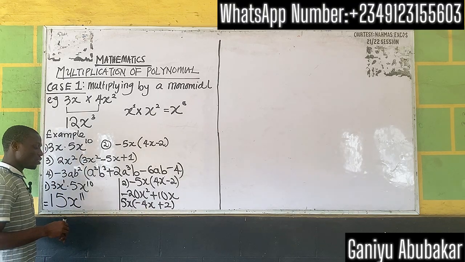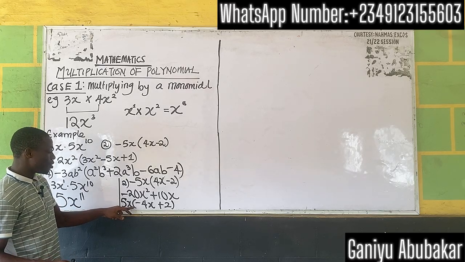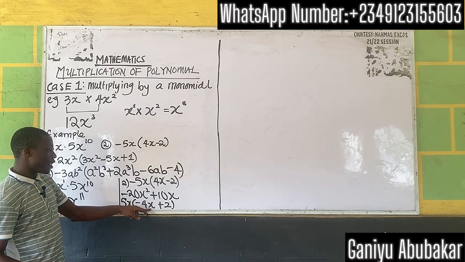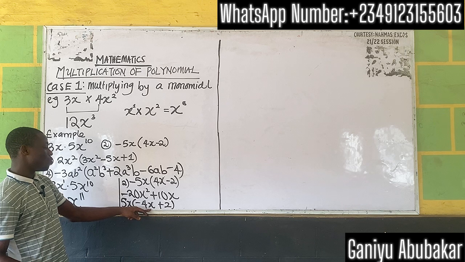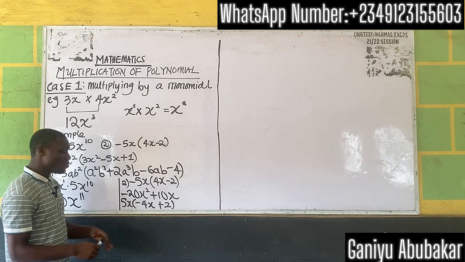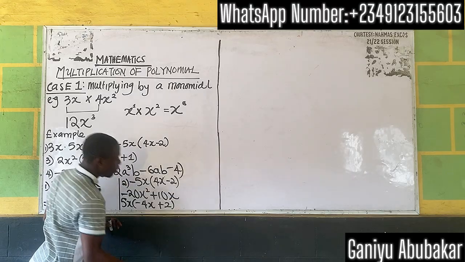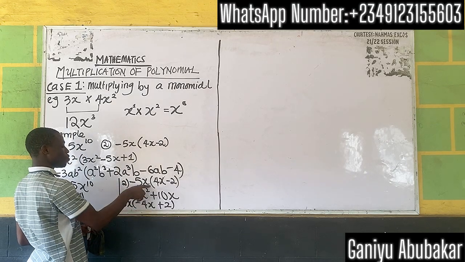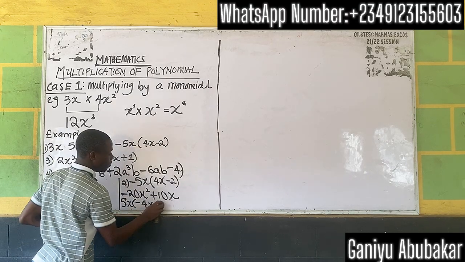This is called factorizing. But I don't have to factorize again, because it's more like saying we're going back to something of this nature. Just leave it this way. This is the answer.